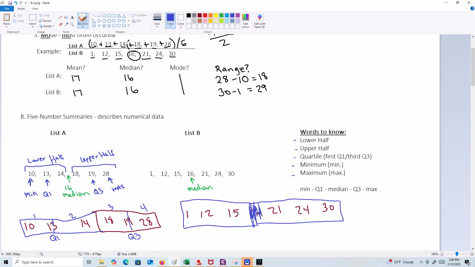You don't want to include 16 in either the lower half or the upper half. This is the lower half. This is the upper half. 16 doesn't go to the lower half, and it doesn't go to the upper half. So the quartile one, that imaginary line that would divide this, is right there at 12. So 12 is the first quartile, and 24 is the third quartile.